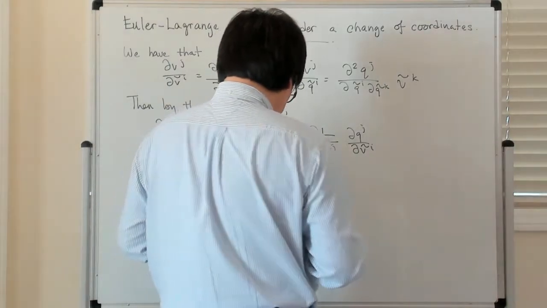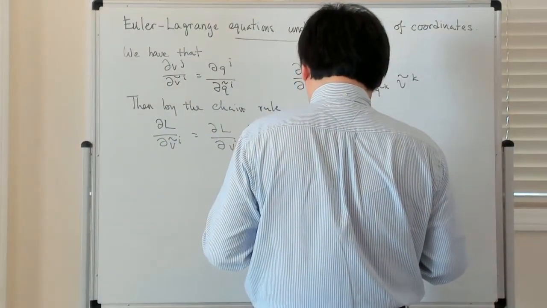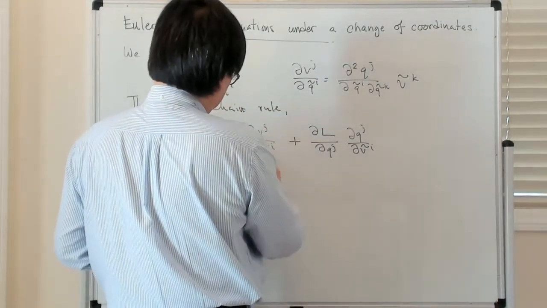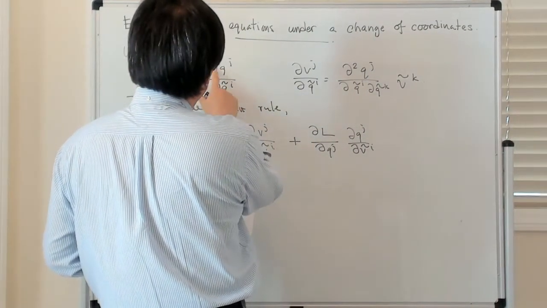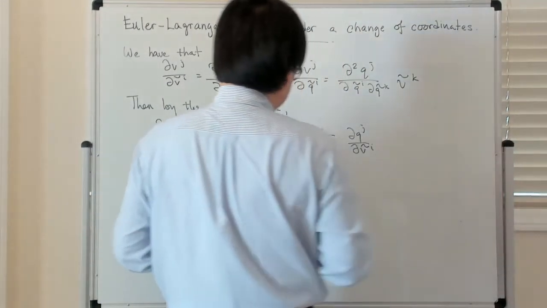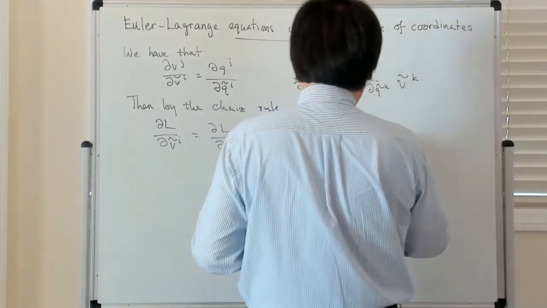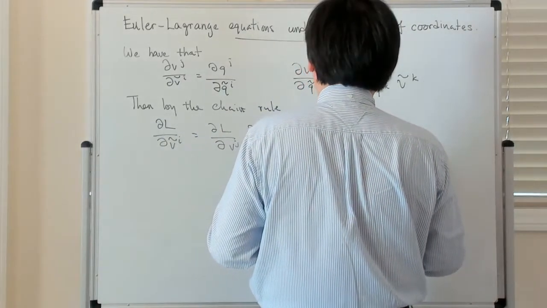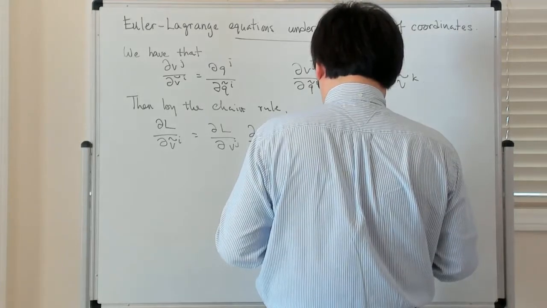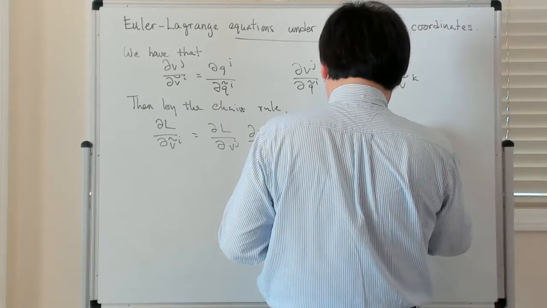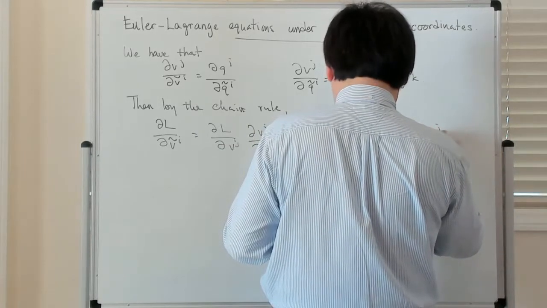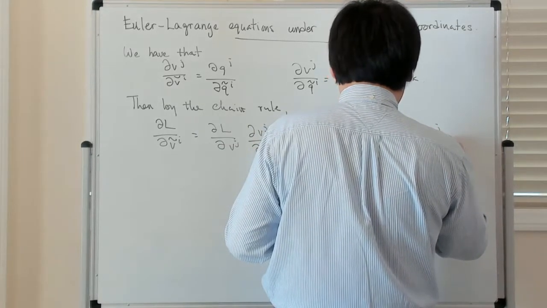And this is going to be equal to, okay, so this term here is going to be replaced with ∂q_j/∂q̃_i, and then this term here is going to vanish, all right? So this is equal to ∂L/∂v_j ∂q_j/∂q̃_i.